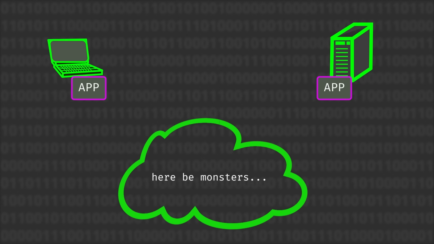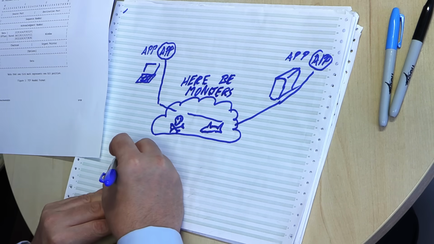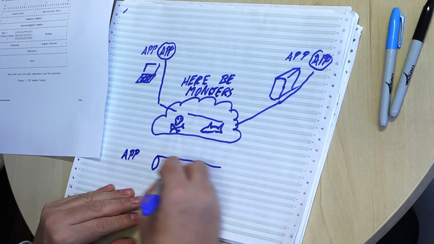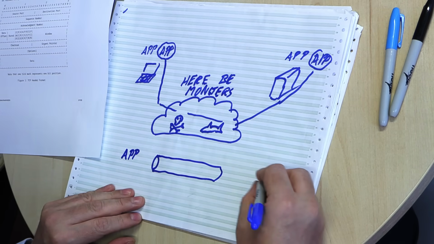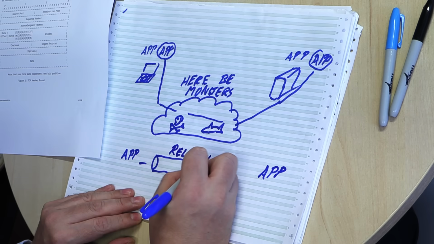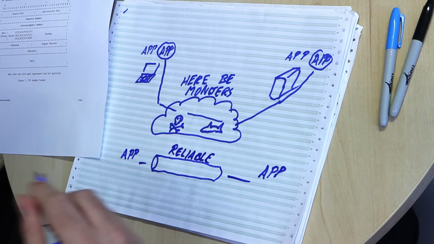So what we're going to do, let's abstract that picture a little bit, and let's imagine our application is sitting here, and what we want is a nice, reliable pipe that we can pour bytes into.